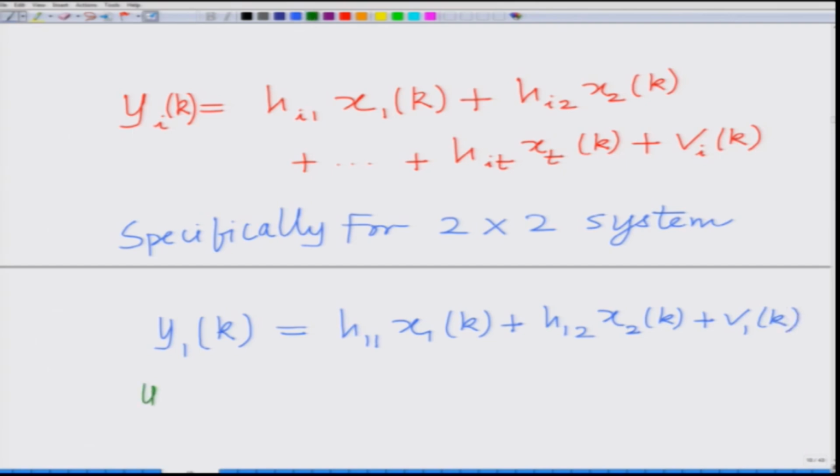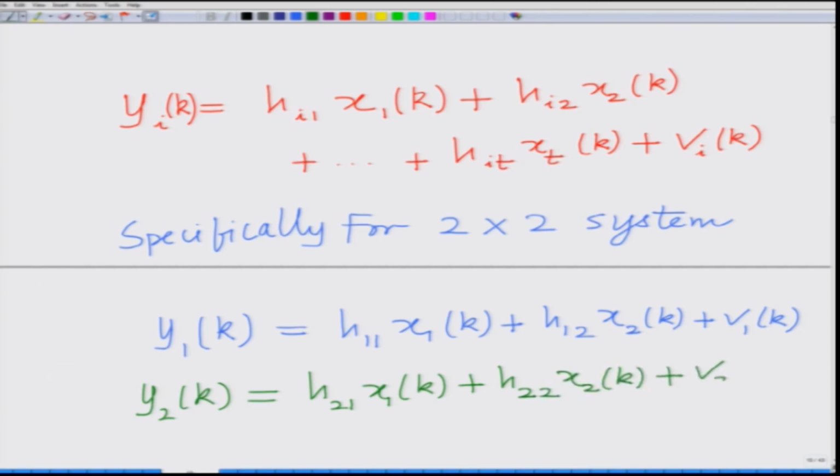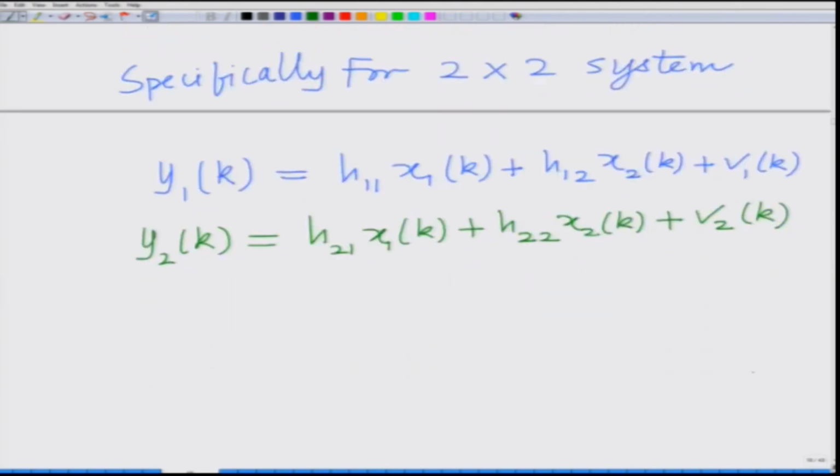Similarly, y2 k equals h21 x1 k plus h22 x2 k plus v2 of k. Now, what are these?